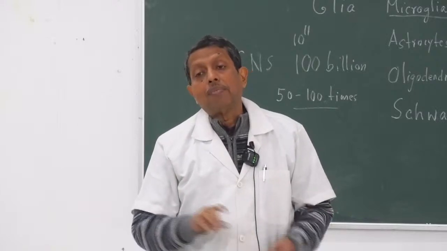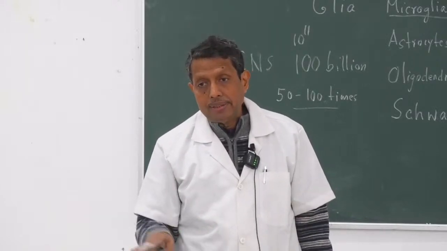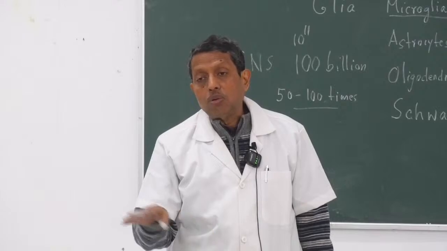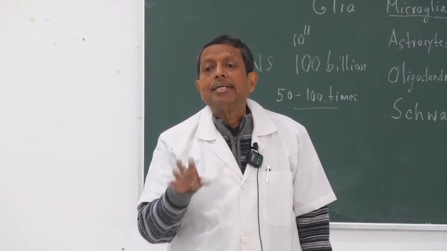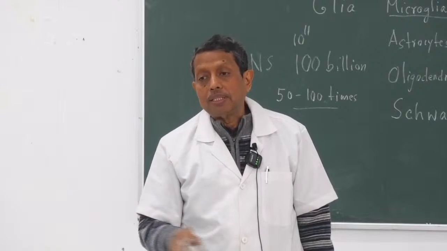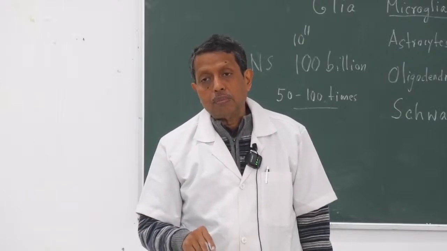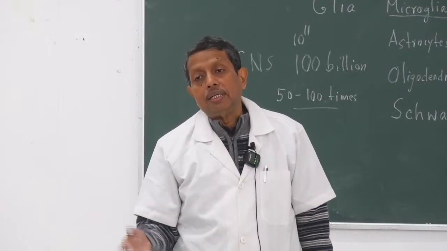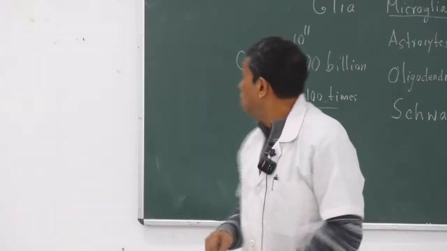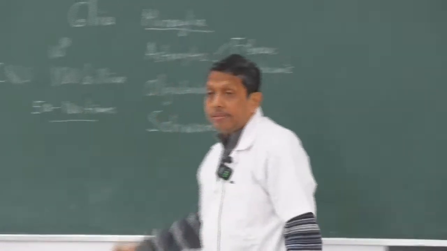Some monocytes are circulating in the blood, but some go out of the vascular system and are resident in some places: in the bone marrow, in the liver, in the skin, in the nervous system. In the nervous system, these are the microglia.